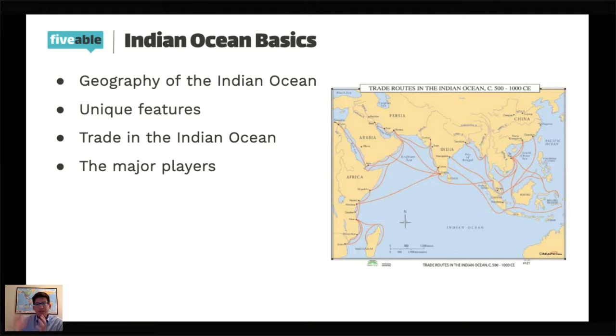So there's this trade. You can see on this map even many of the routes that were traversed in this Indian Ocean. You can also see a lot of the major players in this trade.